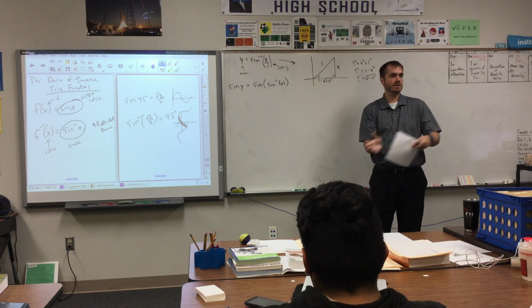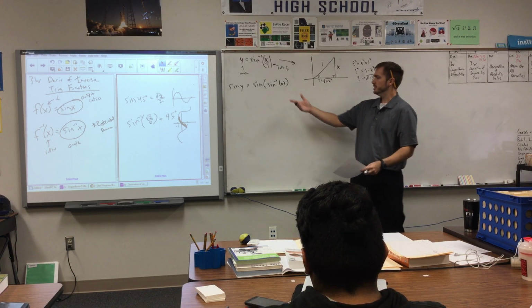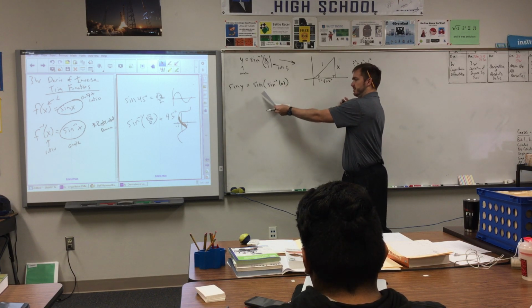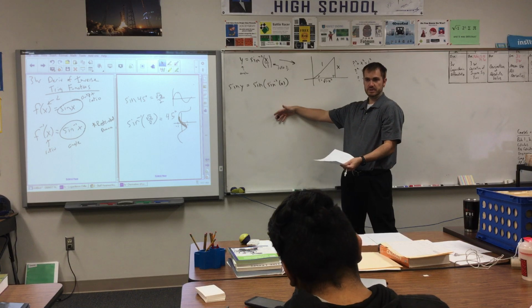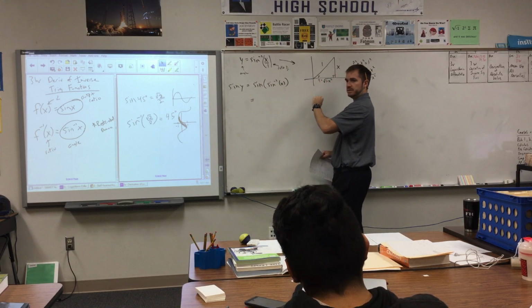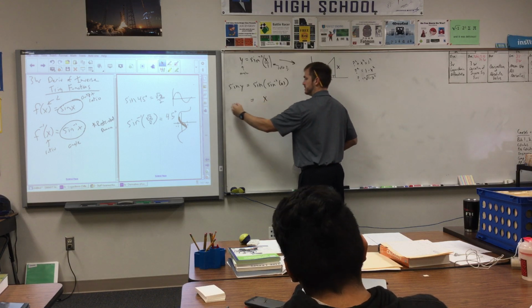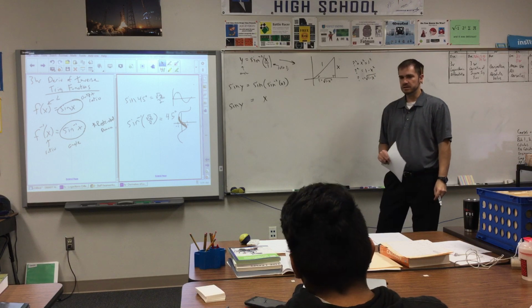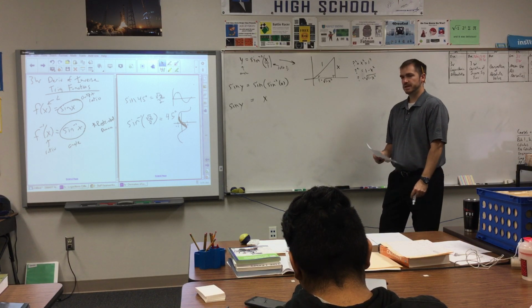They're the inverse operation of the original function. So if I have x and I do the inverse sine, I take it over here, but then I take the sine of that, it takes me right back to where I started from. Anybody want to make a guess what this right hand side is going to be? It's going to be x. So sine y equals x.